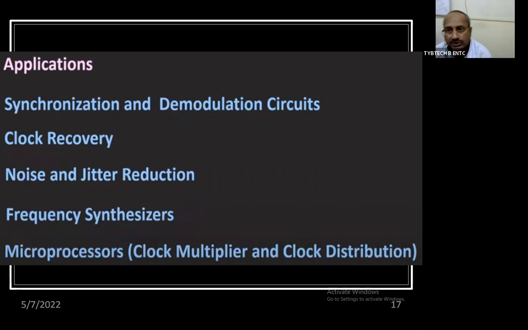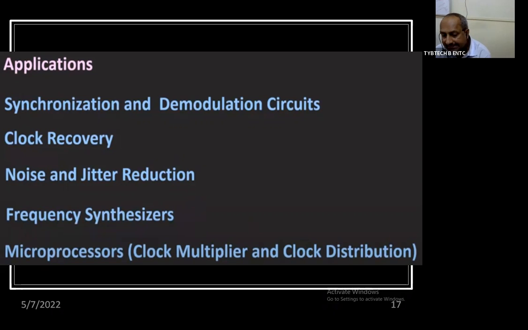Synchronization, we have studied in earlier sessions, is the main difference between synchronous and asynchronous types of detectors. As we discussed, at the transmitter end, whenever we are sending the signal, we are adding the carrier signal, and at the detector or receiver side, we are removing the carrier signal.